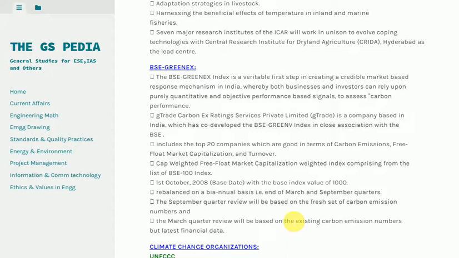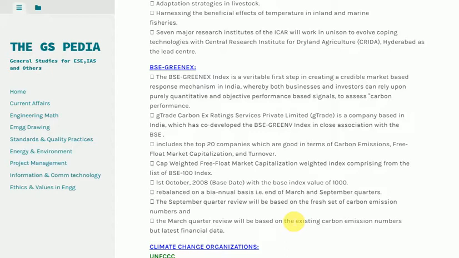It is rebalanced on a biannual basis, that is, at the end of March and September quarters. The September quarter review will be based on the fresh set of carbon emission numbers, and the March quarter review will be based on the existing carbon emission numbers, but latest financial data.